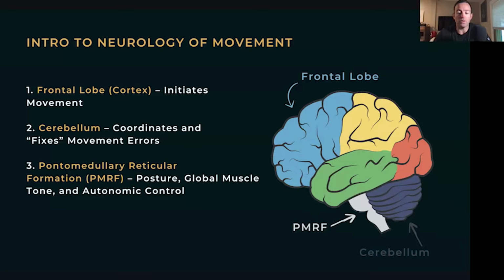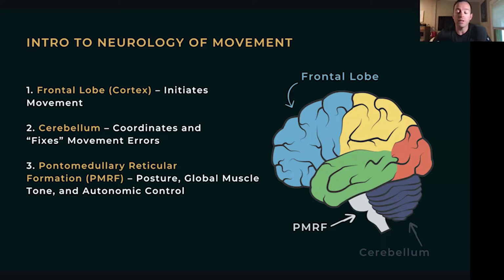That's what we call the little brain that lives underneath the big brain. And then finally, next to that to the left, highlighted in gray, is the PMRF, and that stands for pontomedullary reticular formation. It's a mouthful. The PMRF is actually the structure that is of greatest importance to us for today's discussion.